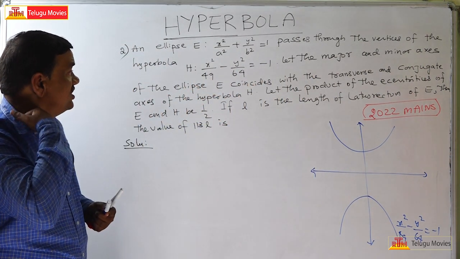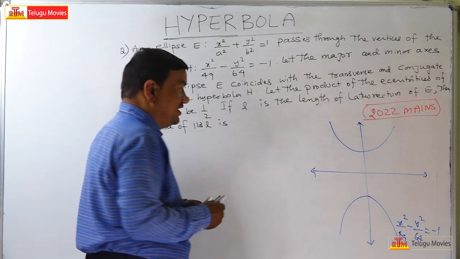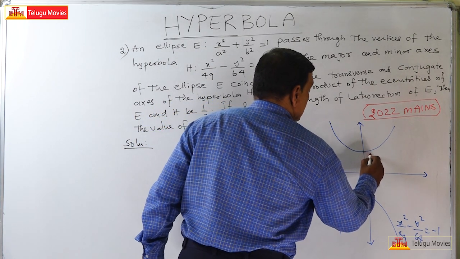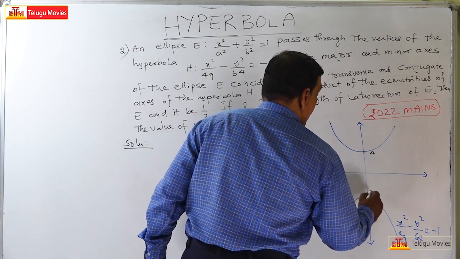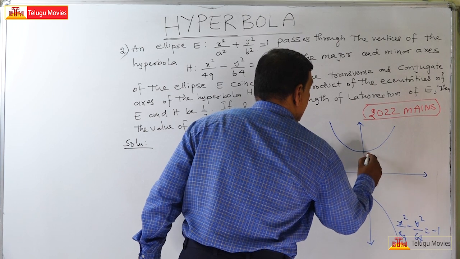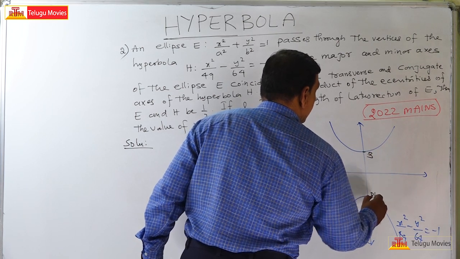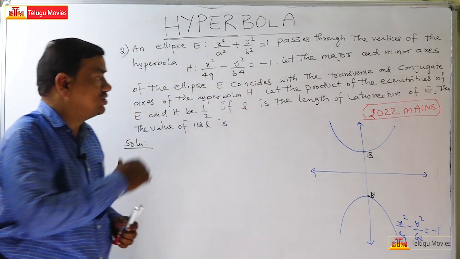These are called the vertices, we call them B and B dash.